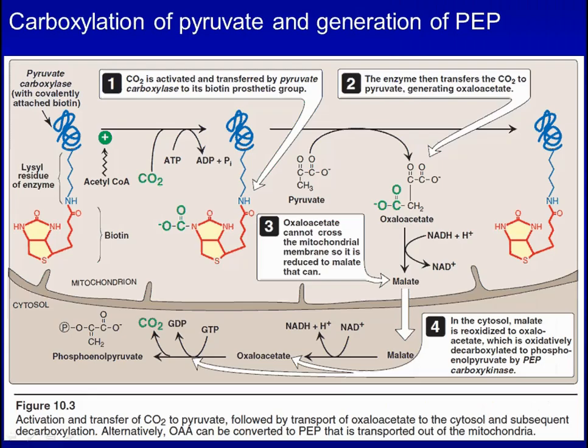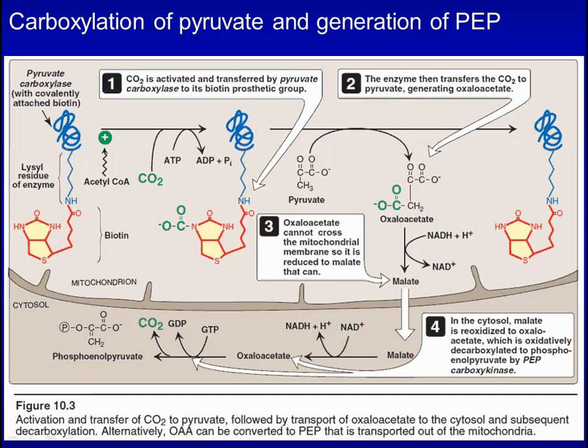The first bypass from glycolysis is to convert pyruvate to PEP. This involves several steps. 2 key steps are catalyzed by pyruvate carboxylase and PEPCK. This is pyruvate carboxylase, and this is coenzyme biotin.